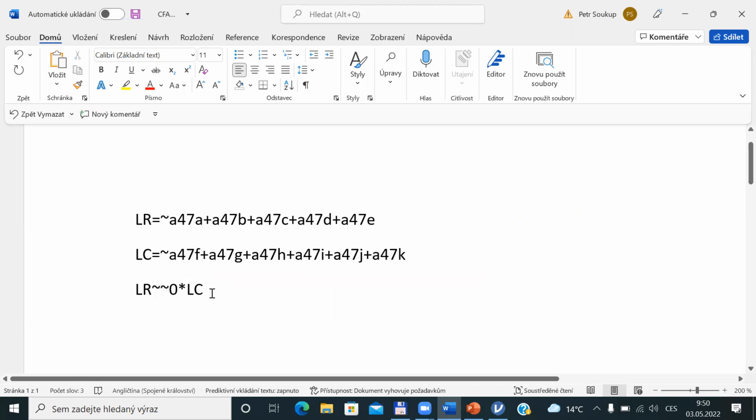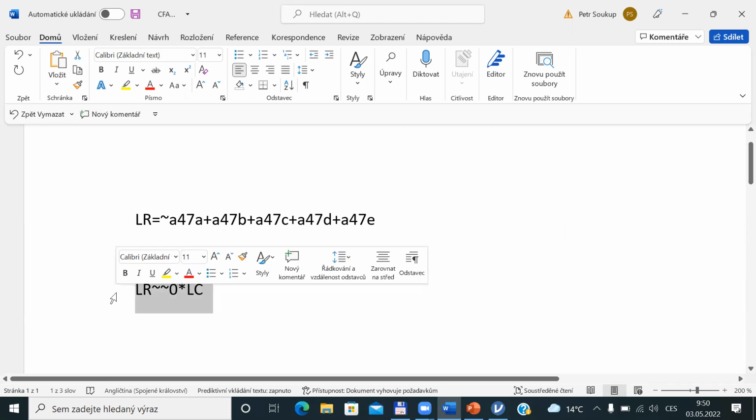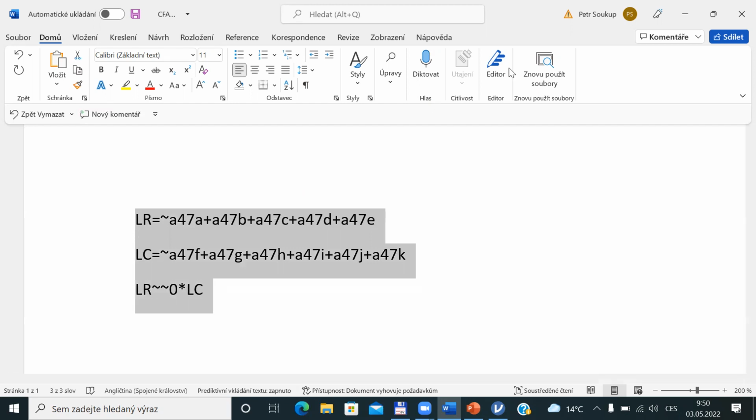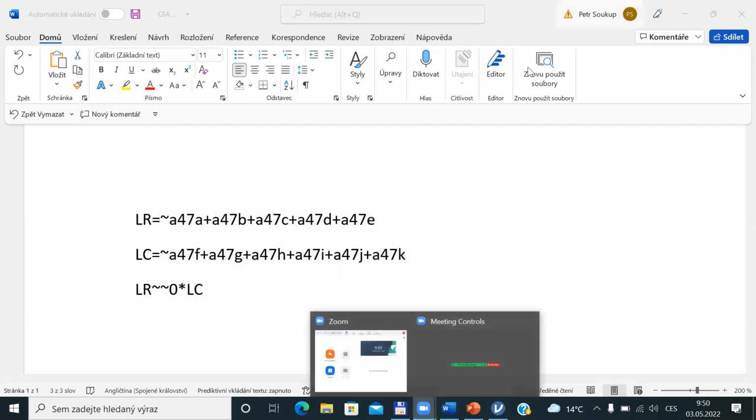If I computed the model with this relationship between factors, this part of the command would be missing. So now I will copy this into the chat. I will stop sharing for a minute and find the chat window.